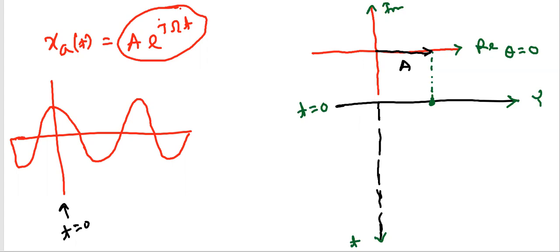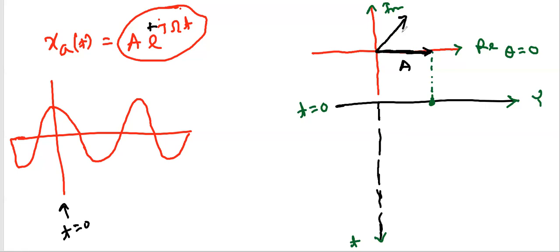Now when you are progressing, for higher values of t, in which direction will this point, this A, rotate? Since this is a plus, it will rotate anti-clockwise. So for positive, it will rotate anti-clockwise. For example, at some point it will be here.